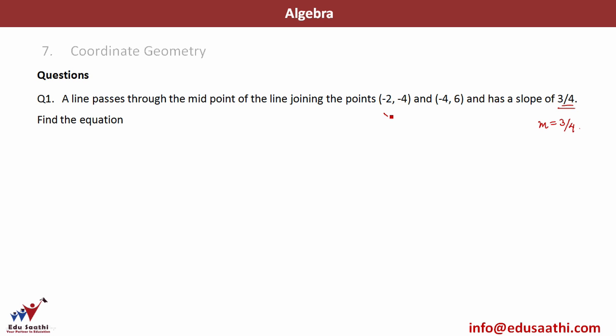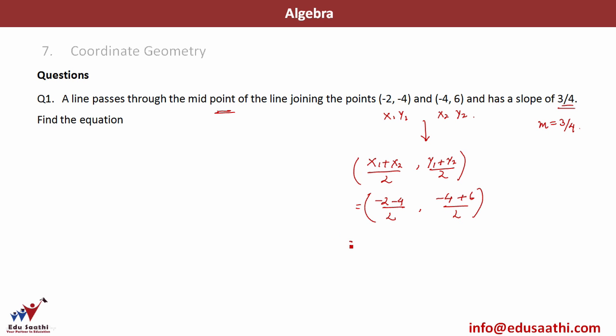The points are given to me. Now what is given to me? That this line passes through the midpoint. So I first need to find the midpoint of the line joining these points. If I remember the midpoint formula, it will be (x1 plus x2) by 2 and (y1 plus y2) by 2. So this will be (minus 2 minus 4) by 2 and (minus 4 plus 6) by 2.